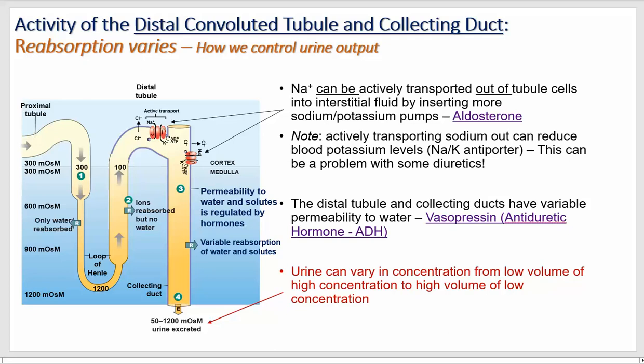So remember aldosterone, and earlier we were just saying, oh, aldosterone increases the reabsorption of sodium. And we were all like, oh, we're happy with that. Well, now we're looking at the mechanism by which that works, and it's the insertion of these sodium-potassium pumps.